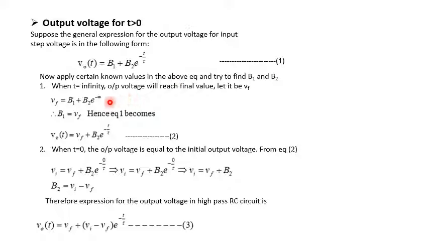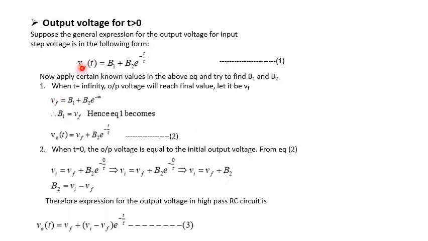The first thing, we know that when t is equal to infinity, the output voltage will reach the final value, because when time is infinite, the output voltage has attained its final value, and suppose it is Vf.